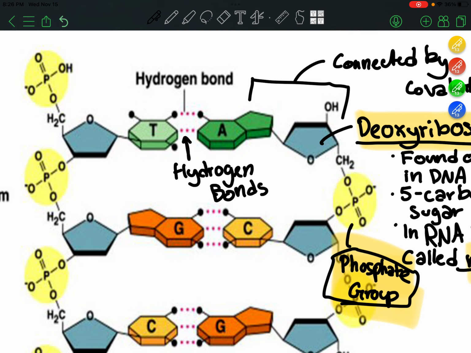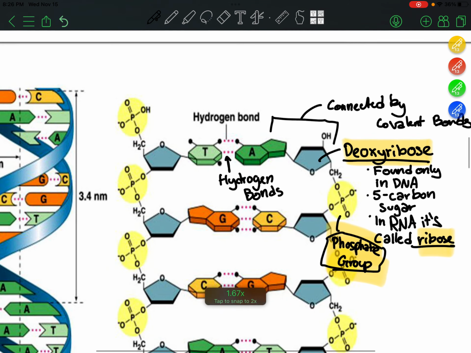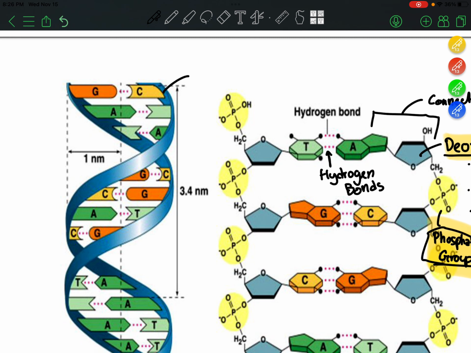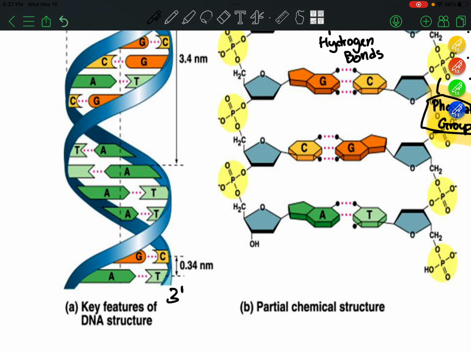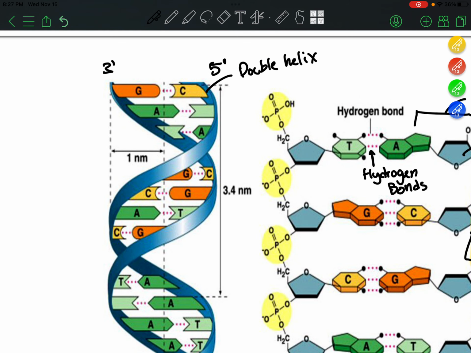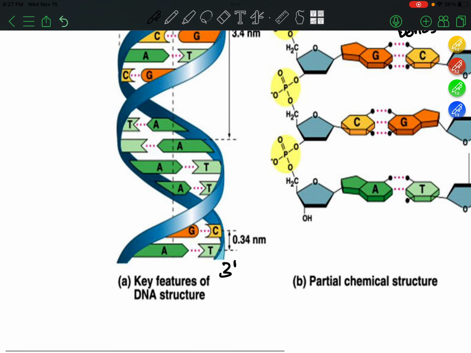Now, let's go into the actual nitrogenous bases, because this is basically going to cause everything that we know about DNA. But before we get to that, let's say one last thing. The structure shape of DNA is called a double helix. And it goes from 5 to 3, and on the other strand, it will go 3 to 5.